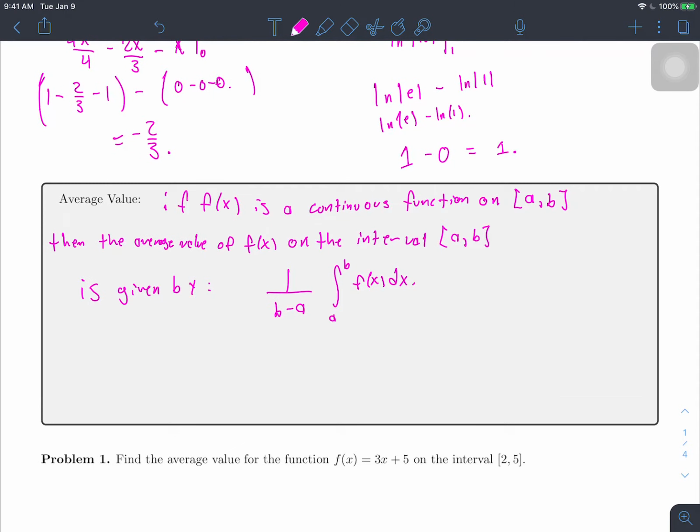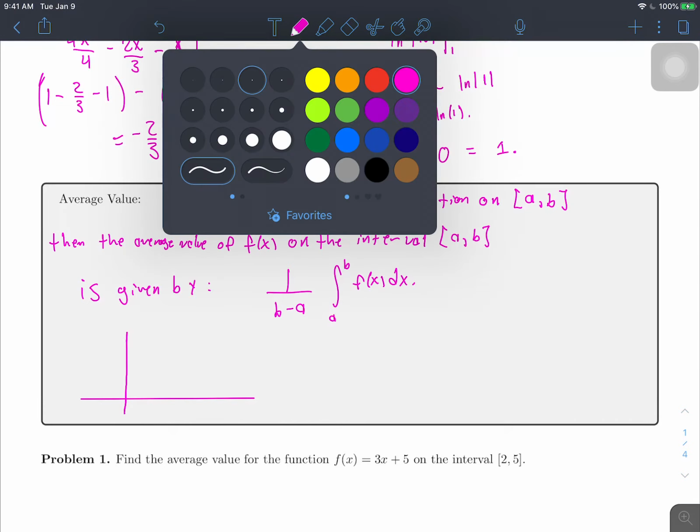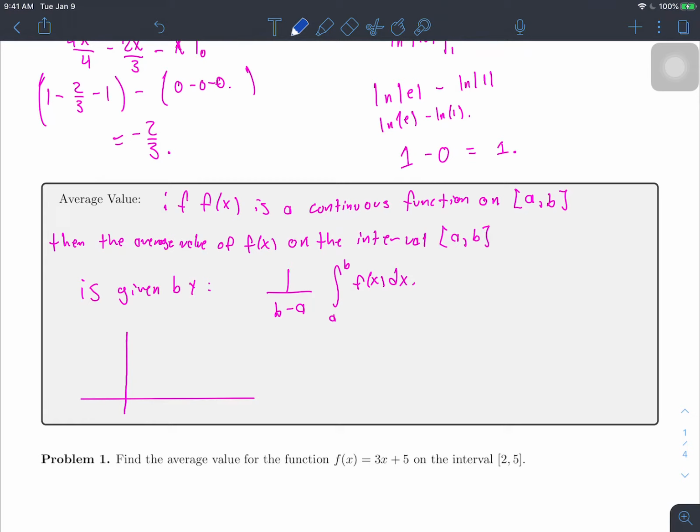Okay, so this is how we find the average value of a function. So let me draw some pictures and explain why this makes sense. So say we had some coordinate axes, and we have some function, with values 1 and 2.